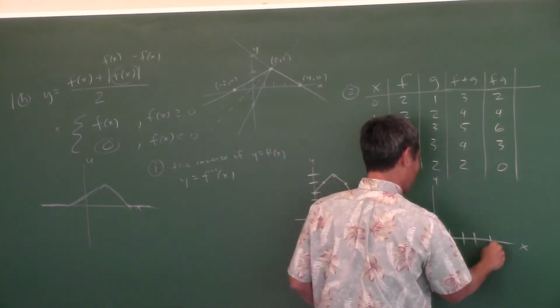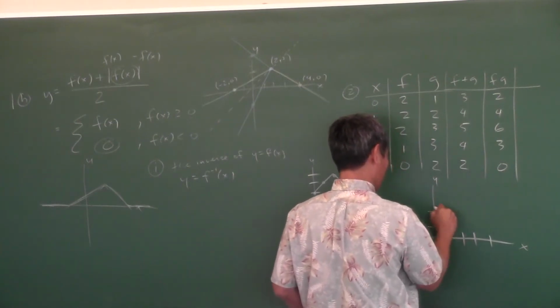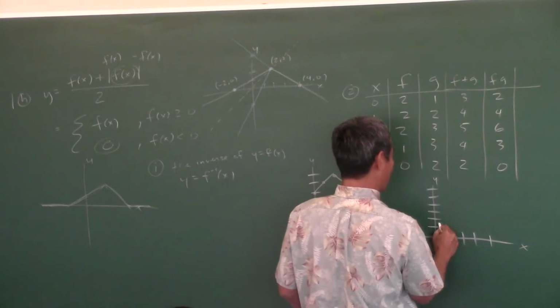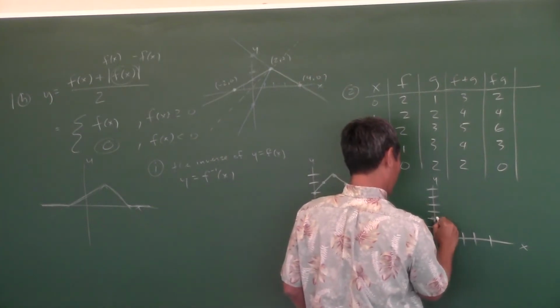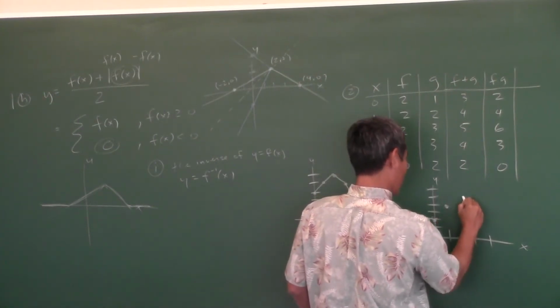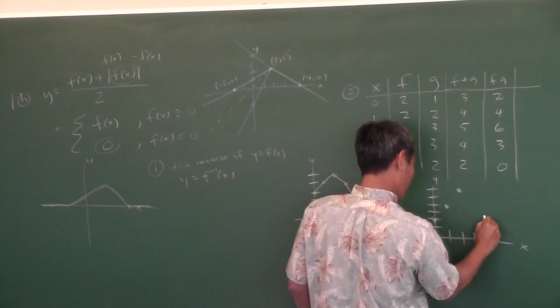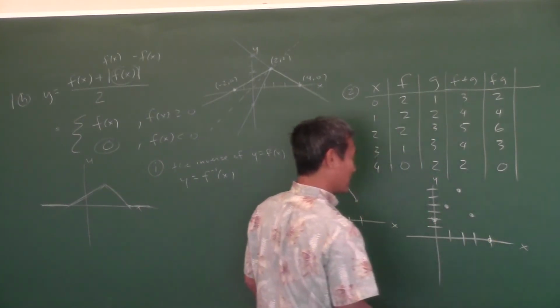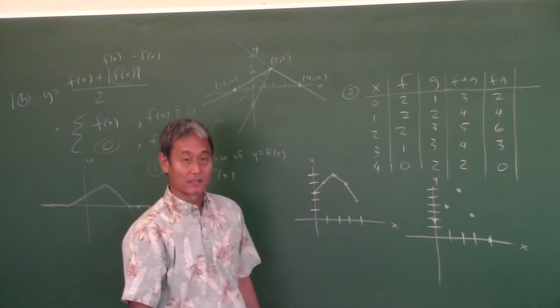What's the question about this problem? Obviously, there must be a question. Let's plot the points: (0, 2), (1, 4), (2, 6), (3, 3), and (4, 0). And then just connect them with straight lines.